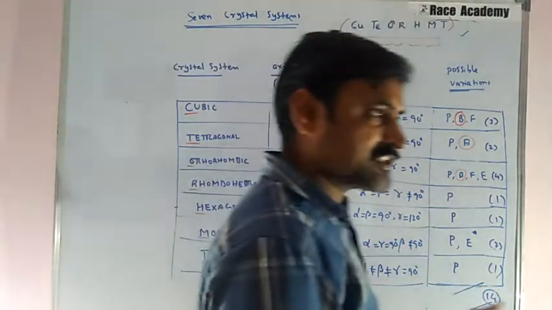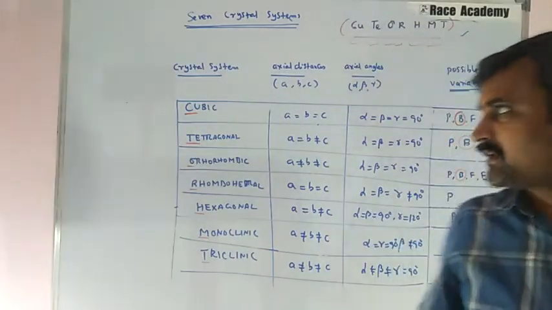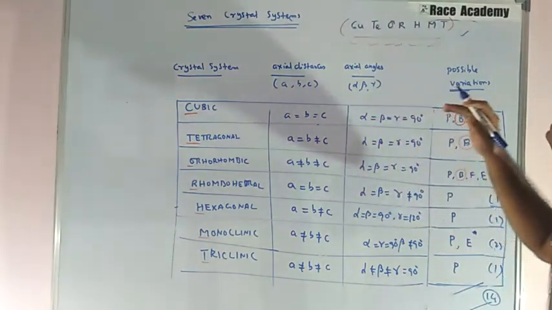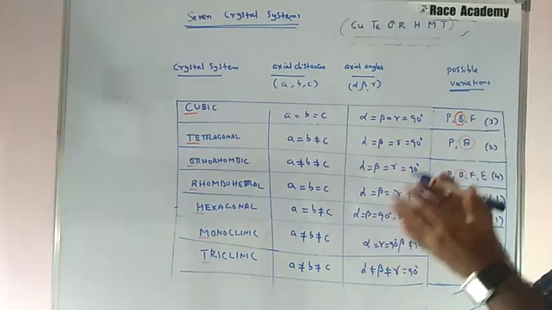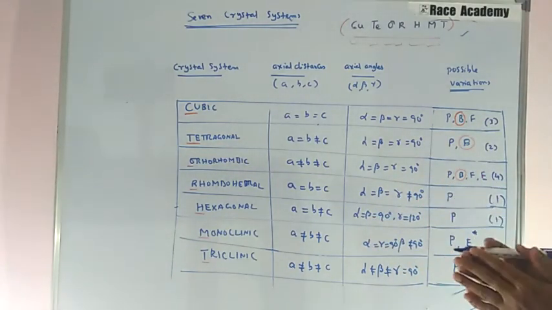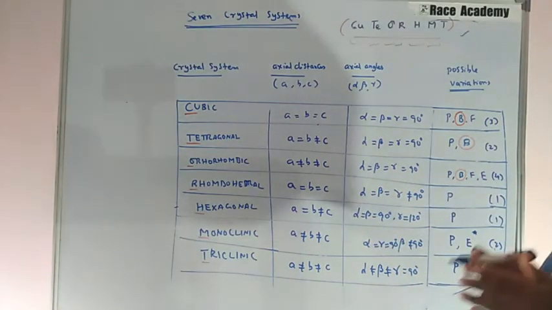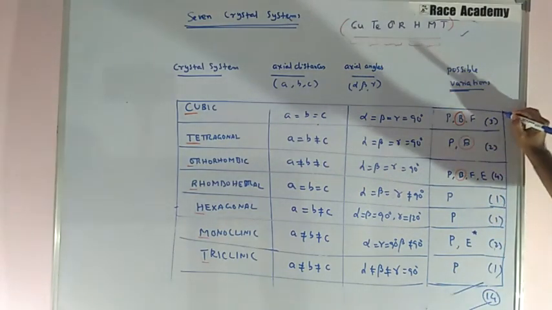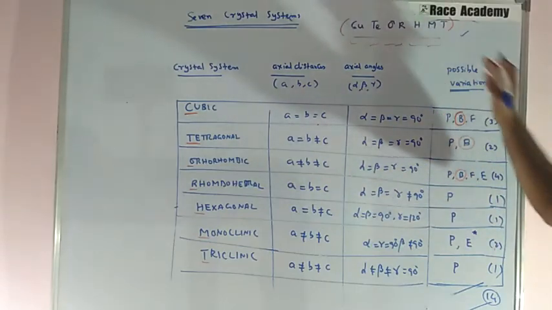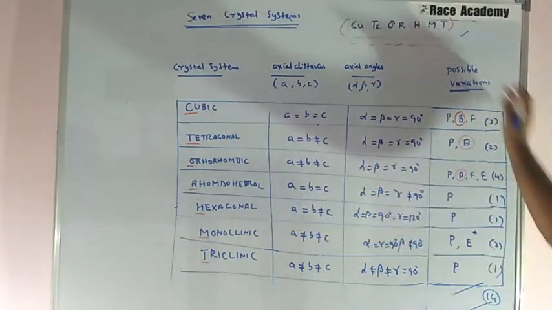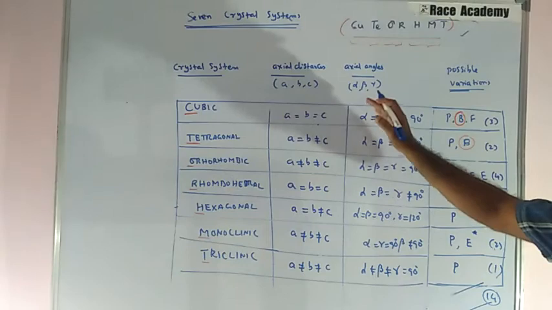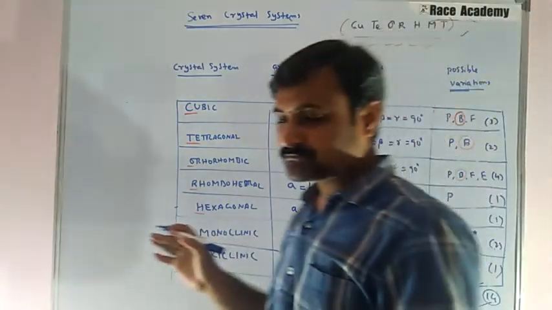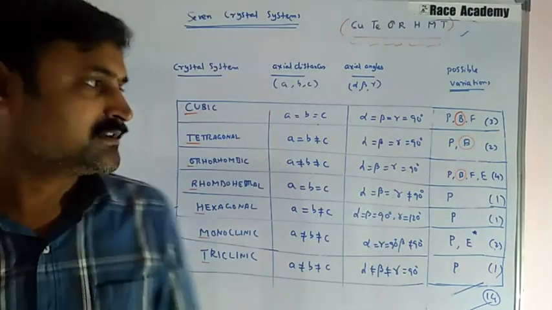So first we started with space lattice and crystal lattice, followed by the unit cell definition and its information, types of unit cells, and primitive and centered unit cell classification. After that, the definitions we also observed with pictures. Now the 14 unit cells in the 7 crystal systems, how they are arranged, and the relation between their interfacial angles as well as axial distances, we have in this table.